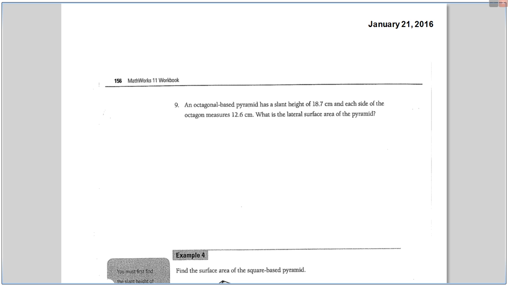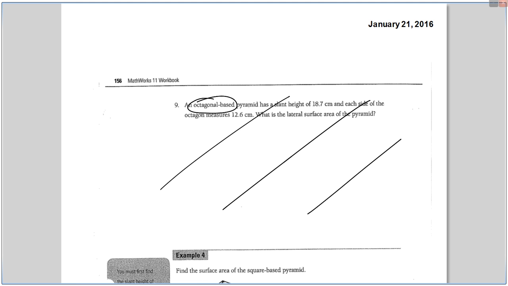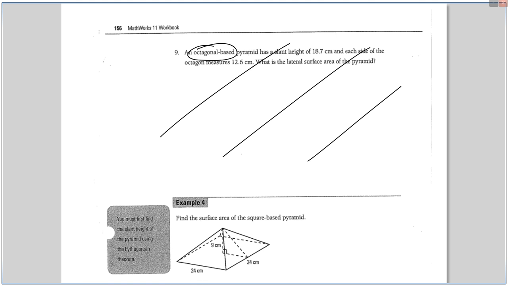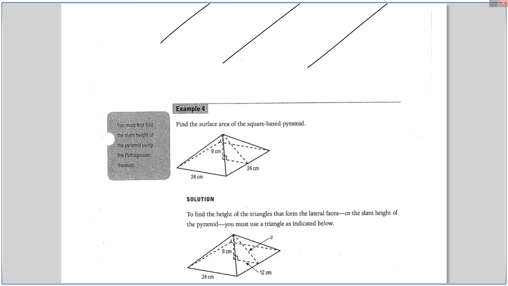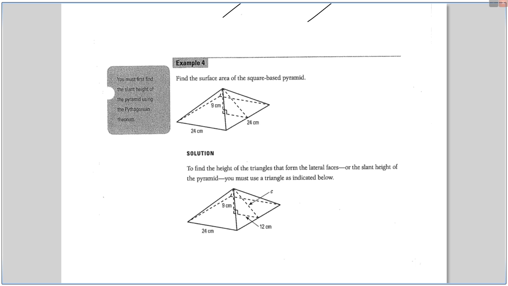So let's just do, yeah, we can cross out 9 as well, because it's octagonal. Okay, I don't care about that. It's an octagon. Octagonal. Okay, so this is where we'll start off tomorrow. Okay, example 4. And you'll have to use Pythagorean theorems, so.